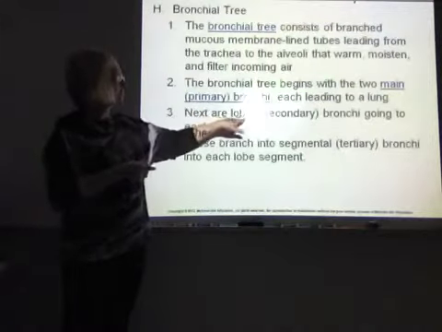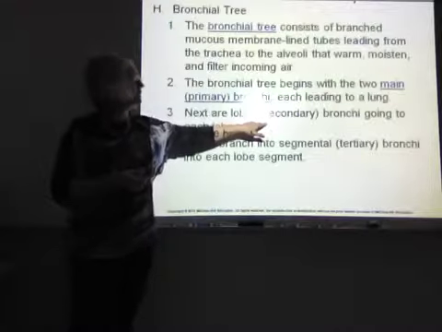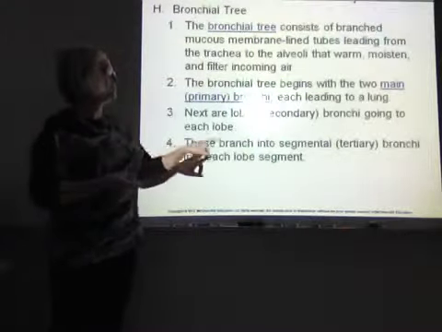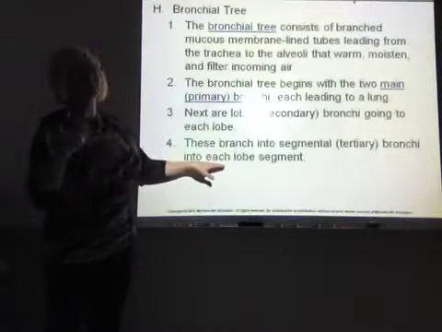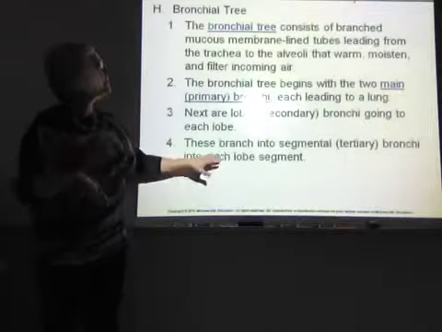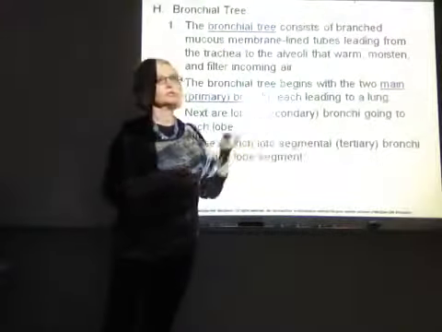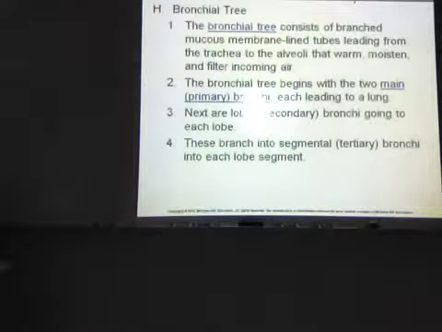Next are the lobar, often called secondary bronchi, going into each lobe, and then they're going to branch into tertiary bronchi into each of the lobes. So typically I say primary, secondary, tertiary are the terms that I commonly use for those.